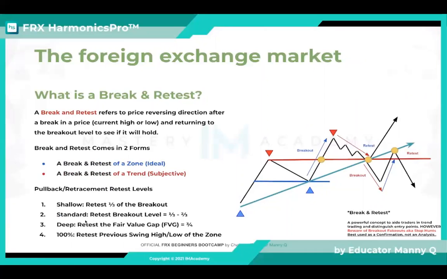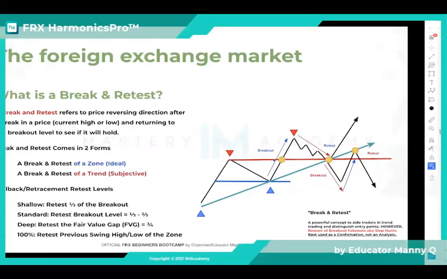Now, a standard retest can retest anywhere from 1/3 to 2/3 of its initial move, retesting that previous level.